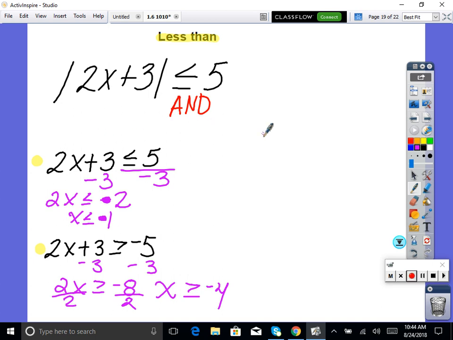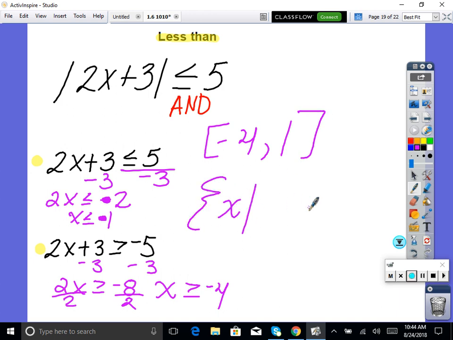Starting at 1, we're going this way. It's the intersection, but it's all set up for us. So you'd say, because it's and, negative 4 up to 1. 1 was also included. And then the set for x, such that x is between 1 and negative 4, munching on x, and munching on 1.